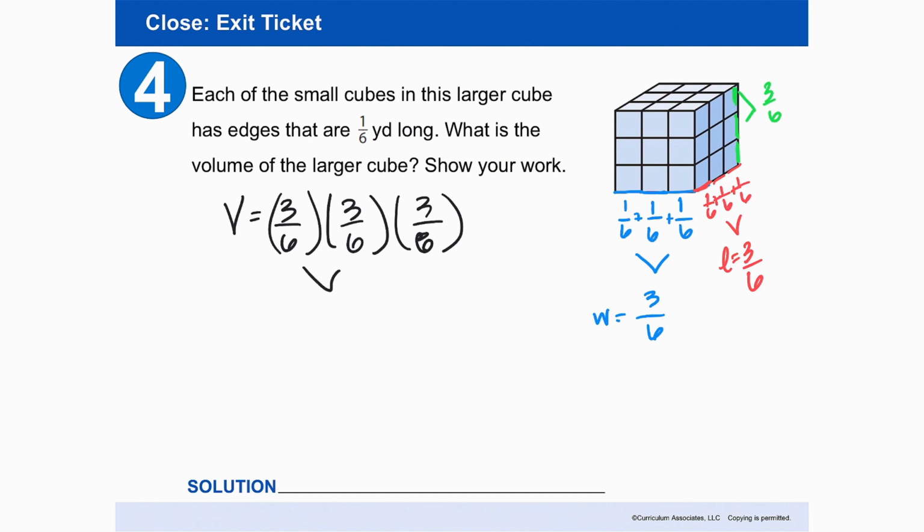We'll do the first one here, which is 9/36. And then we'll do our last one because we're bringing this guy down. Then we'll have 27 over 36 times 36. That's a pretty lengthy one there, right? So what we're going to need to do is multiply 36 times 36.